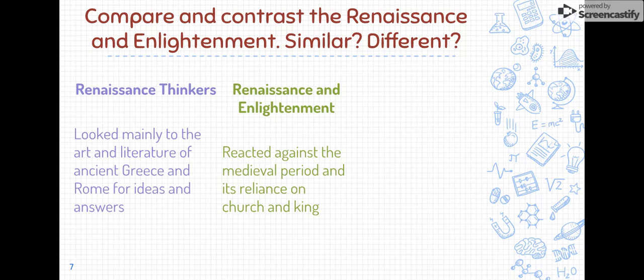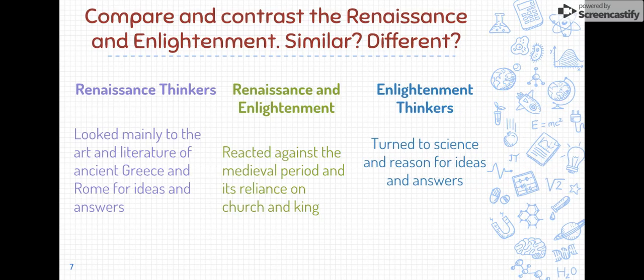So again, during the Middle Ages or this medieval time period, or the Dark Ages, as it's called, you may hear it referred to as all three of those things, people relied on the information from the Church and King, and the Renaissance and the Enlightenment are both a reaction against the reliance on the Church and King for all of their information.